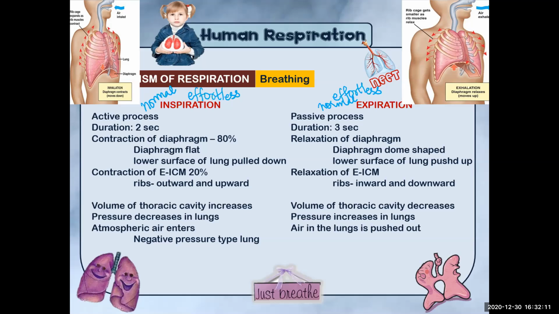Similarly, a normal or effortless expiration is a passive process, because the duration of this is 3 seconds, it occurs because of relaxation. Relaxation of diaphragm makes the diaphragm dome shaped, so lower surface of lung is pushed up. Relaxation of external intercostal muscles will cause the ribs to move inward and downward. As a result, the volume of thoracic cavity will decrease and pressure increases.